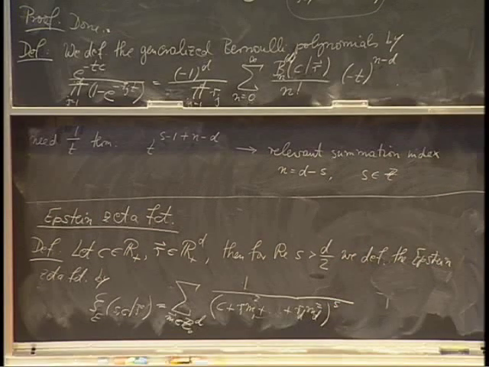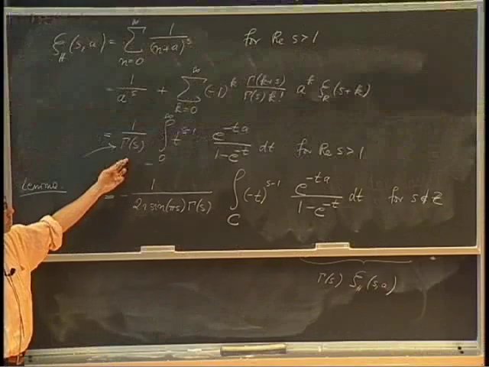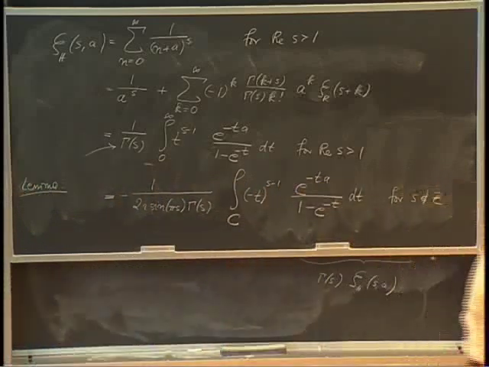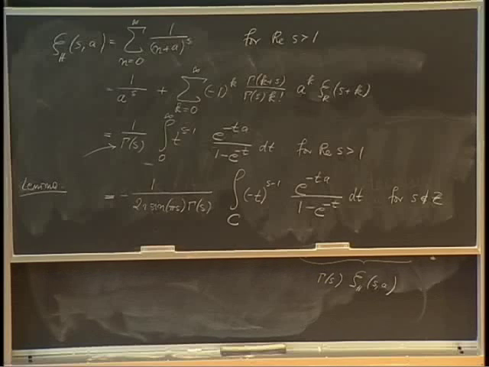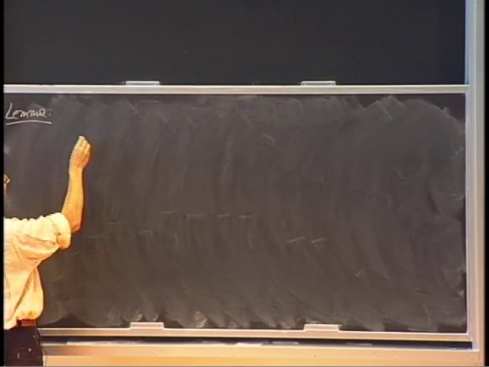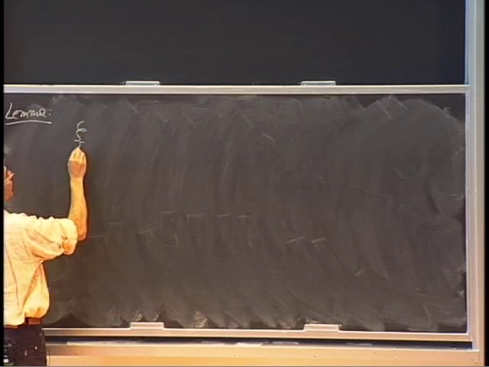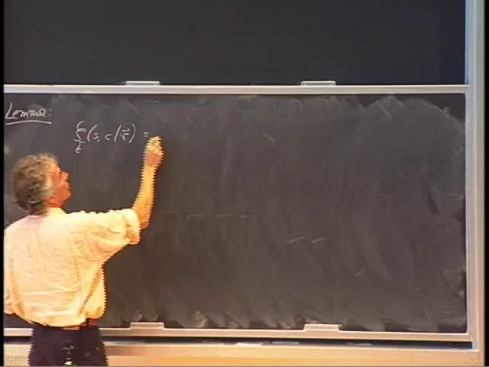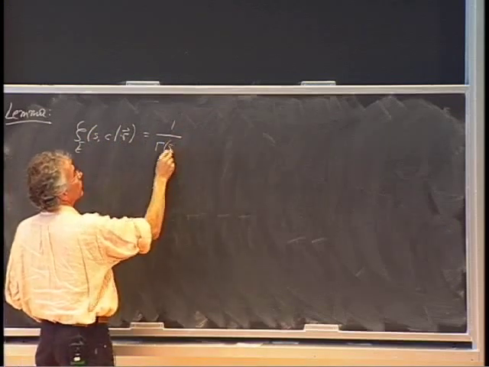Now, if we try the analog of this representation here, we can get an analog, but it's not as nice as it has been. For reasons that are apparent once you start doing this calculation.